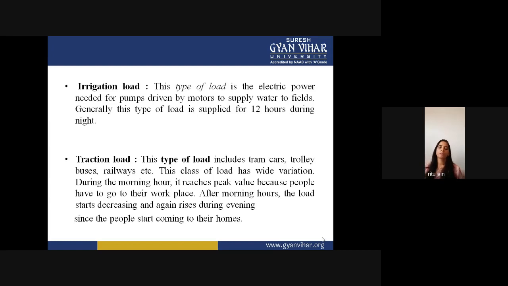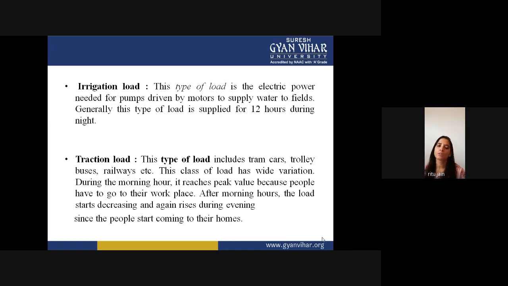So there are different kinds of load, depending upon the time and when you require the appliances or not. So there are different types of loads which you can classify in different categories.